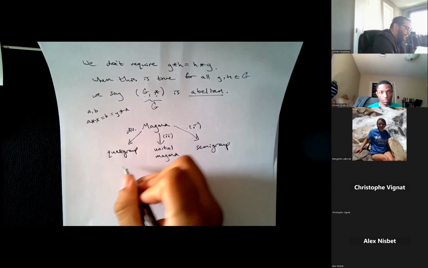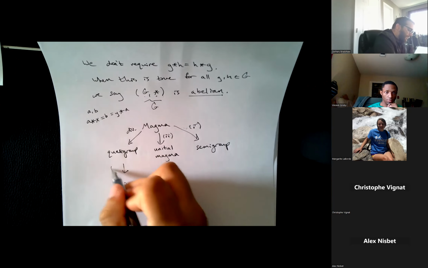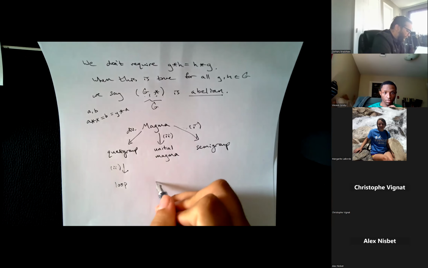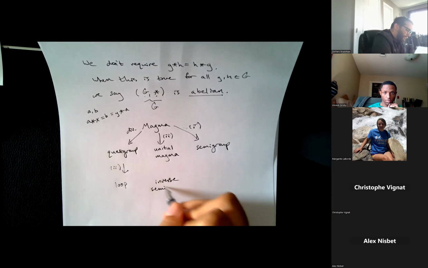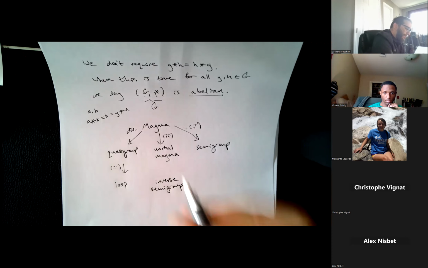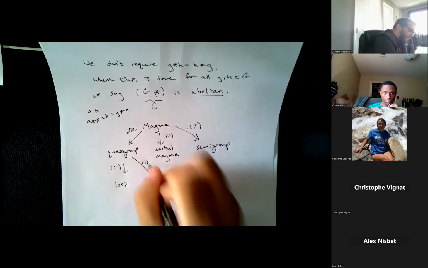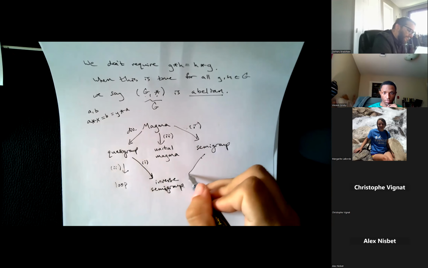And then the quasigroup, if you give it an identity, you get a loop. You get an inverse semigroup by going from the quasigroup and giving it associativity, or going from the semigroup and giving it divisibility.